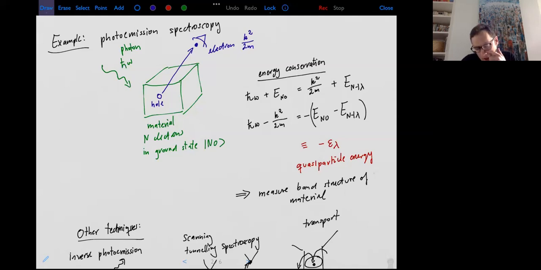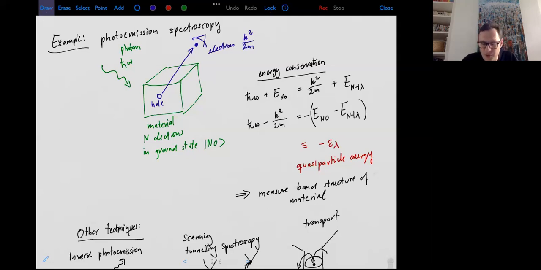For example, when in addition to creating a hole, you create, for example, a plasmon in the material, and then the electron that comes out of the material has less energy because some of its energy is used up in the creation of the so-called plasmon.